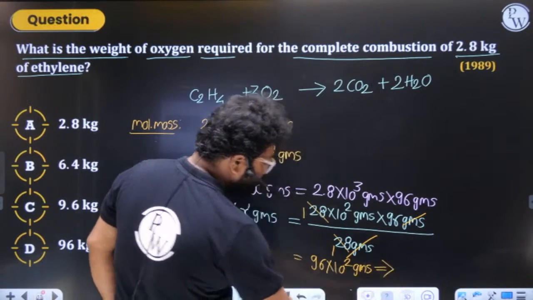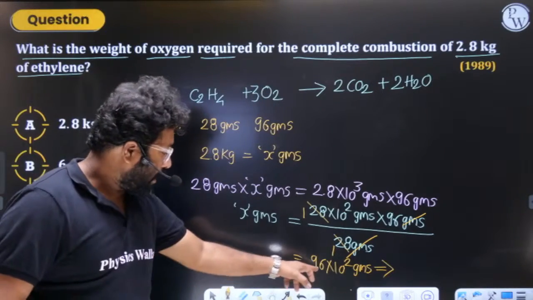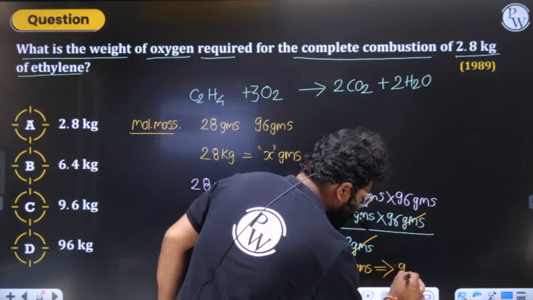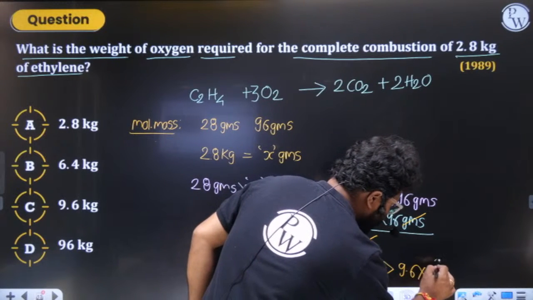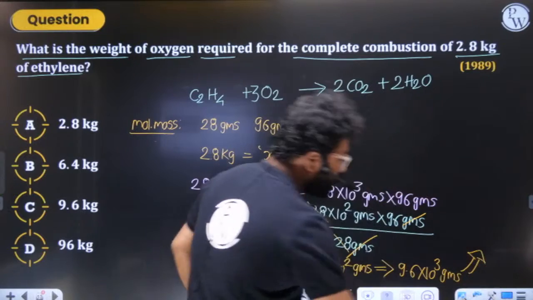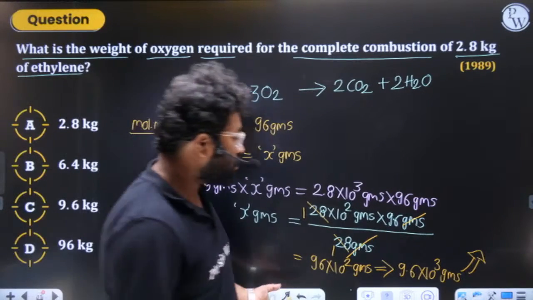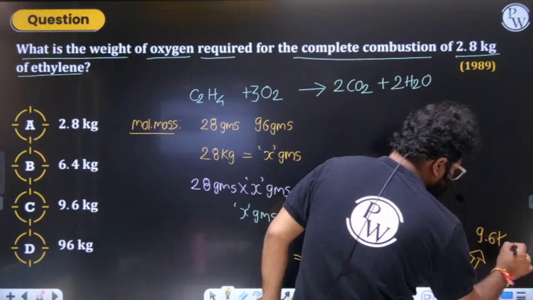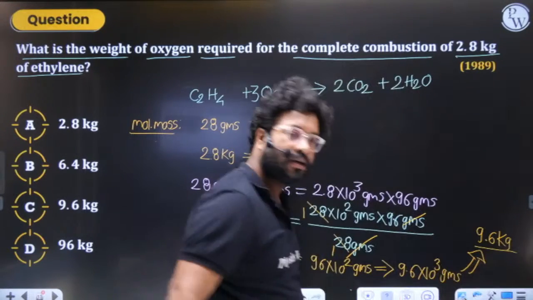Let's convert this into kilogram. If you bring the decimal to the left hand side, it becomes 9.6 into 10 raised to 3 grams. And 10 raised to 3 grams is 1 kg. So this comes out to be 9.6 kg.